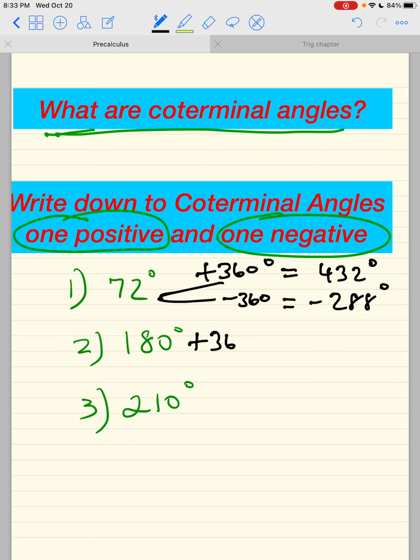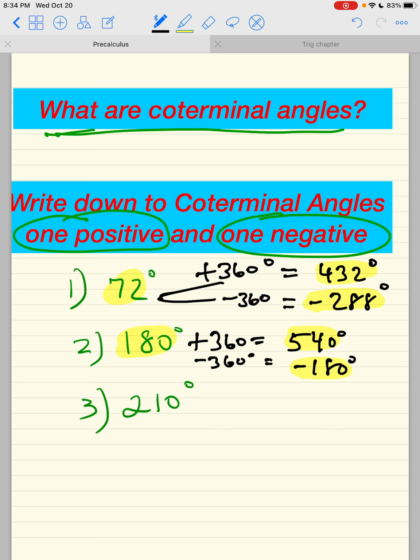If you add 360 here, you'll get the number 540 degrees. If you take away 360 here, you'll get negative 180. 72, 432, and negative 288 all land in the same position. And I'm going to tell you why this is important in 2 slides, okay? 180 degrees is the same as 540 and negative 180.